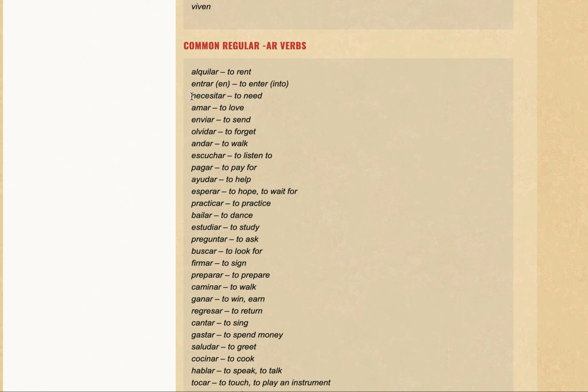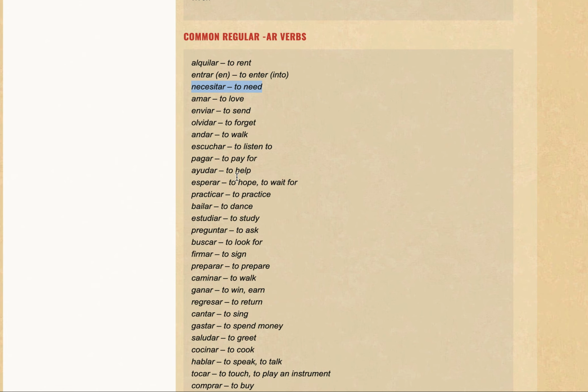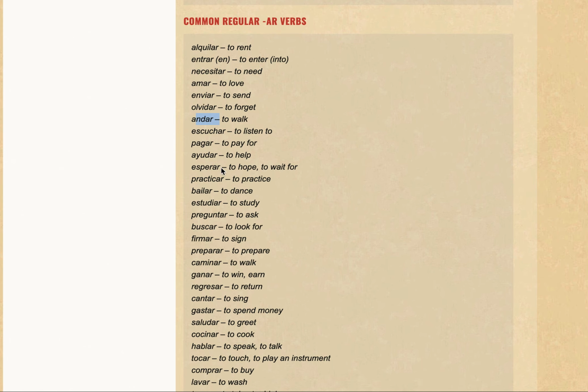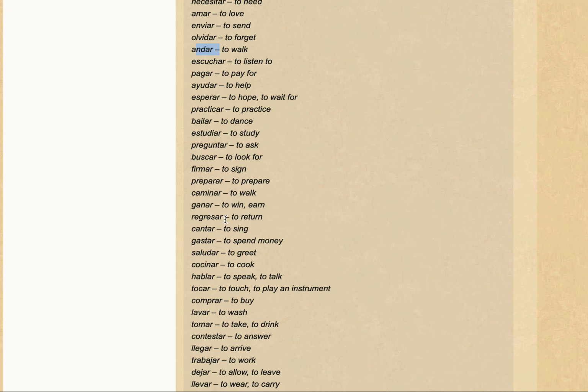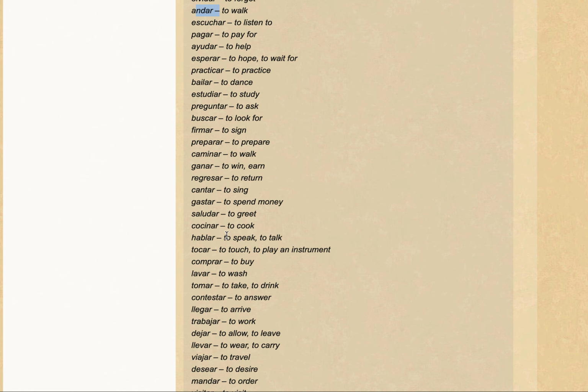Like we said earlier, necesitar, and andar, to walk. It's interesting. Ayudar, to help, esperar, to hope or to wait, estudiar, to study, ganar, to win or earn, hablar, we know, to speak, right?